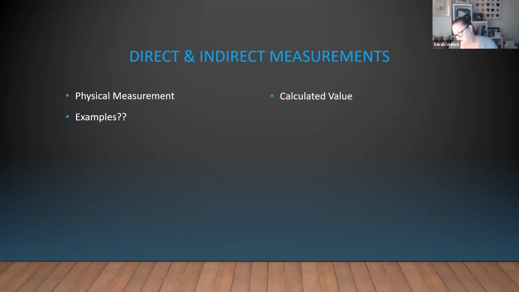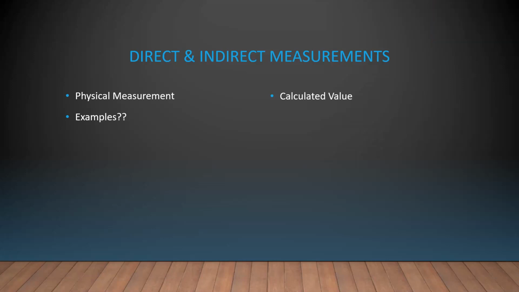Okay. So you said length and width to find out what size it is. So that kind of comes into a little bit of a gray area. And I wish I didn't bring this up because I don't actually have the answer to this. Would the area then be a calculated value or a physical measurement?